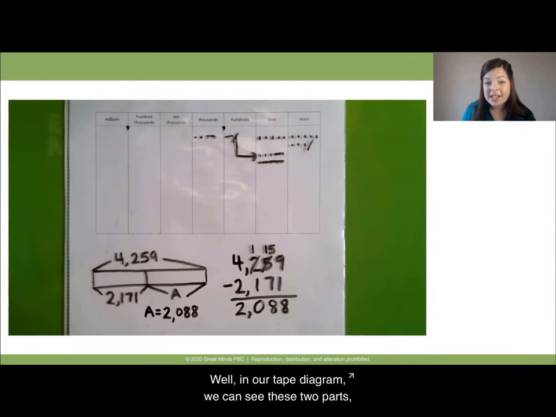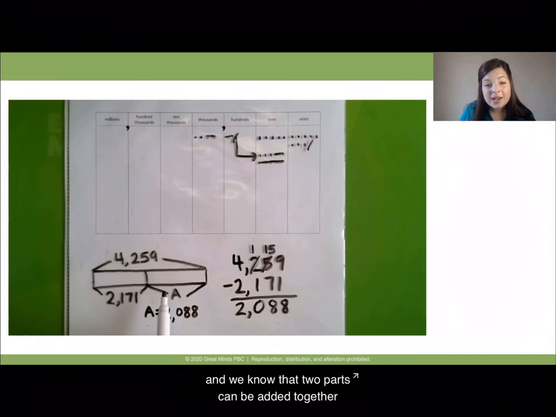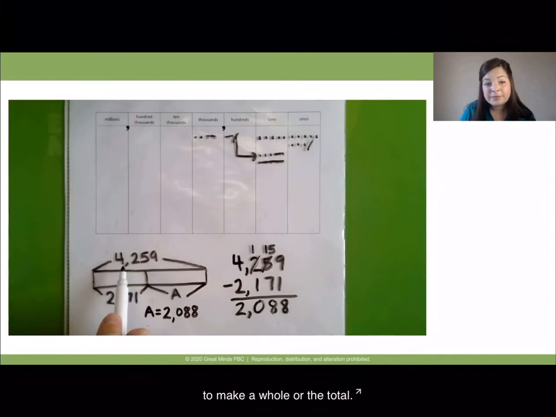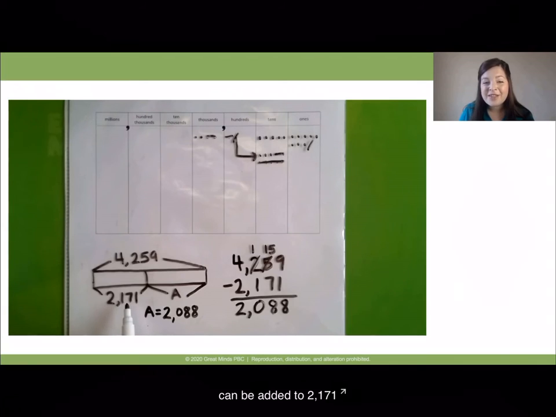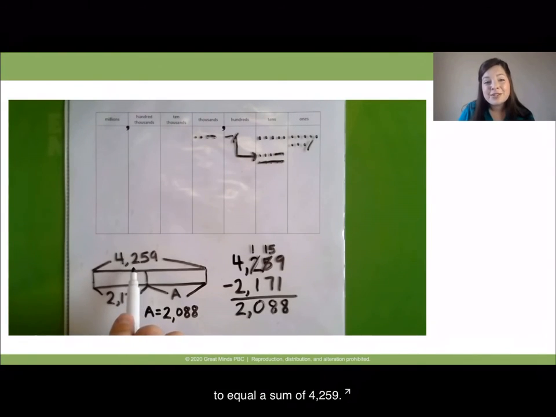Well, in our tape diagram, we can see these two parts, and we know that two parts can be added together to make a whole, or the total. So 2,088 can be added to 2,171 to equal a sum of 4,259.